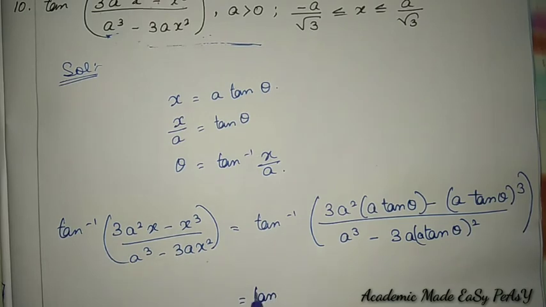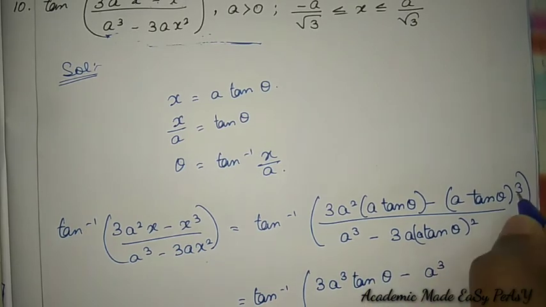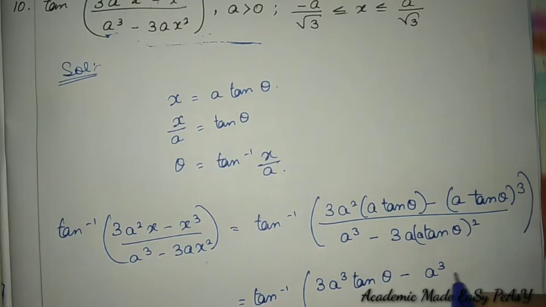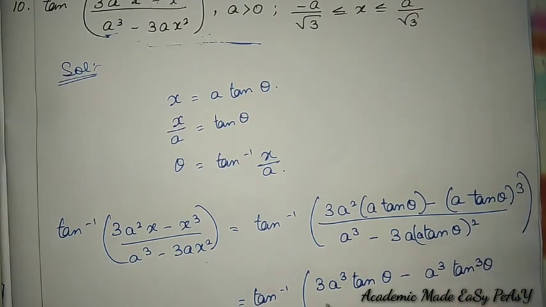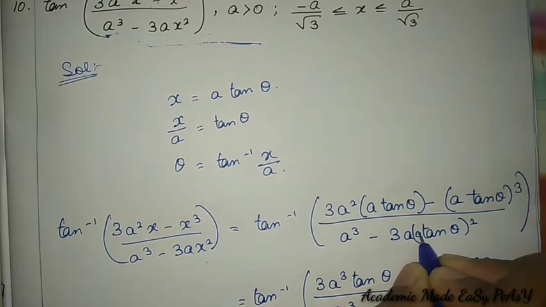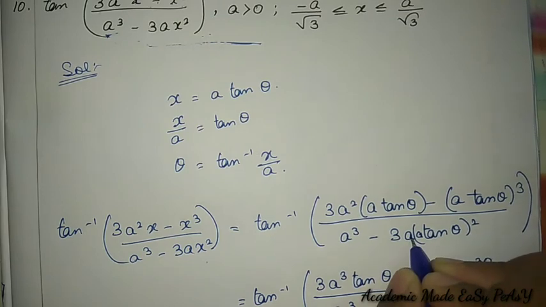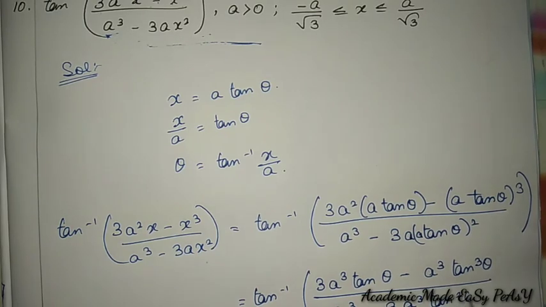So tan inverse of 3a cube tan theta minus a cube tan cube theta divided by a cube minus 3, this is a, and I will have a square here. So a into a square is a cube. So a cube tan square theta.